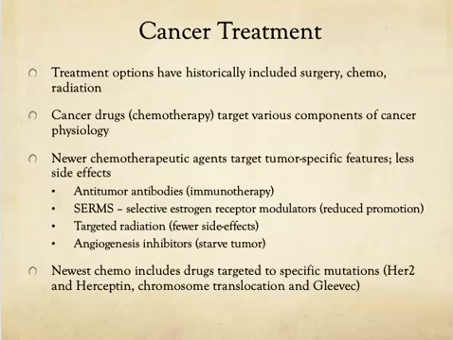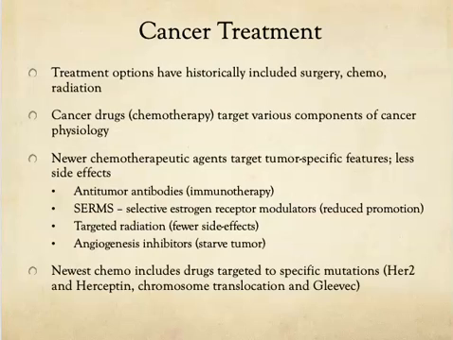Probably the most exciting area of drug development in the field of cancer therapy is the drive to develop drugs that target very specific mutations in different types of cancer. For example, there is a drug called Herceptin, which targets a very particular mutation called HER2 in certain types of cancer.